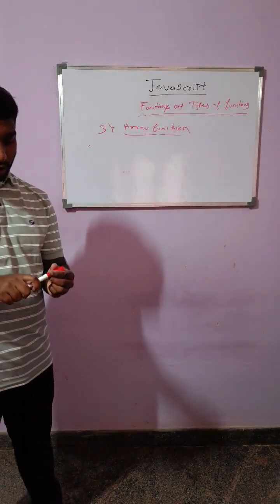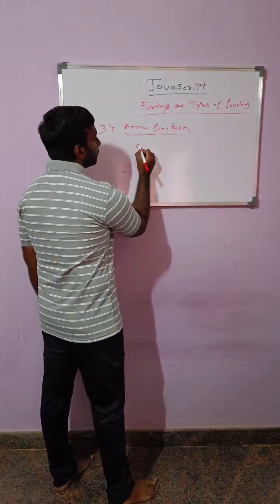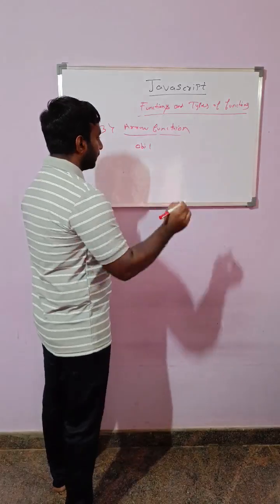Now you are aware of objects, right? So I will tell you this example. Suppose you take one object, obj1.